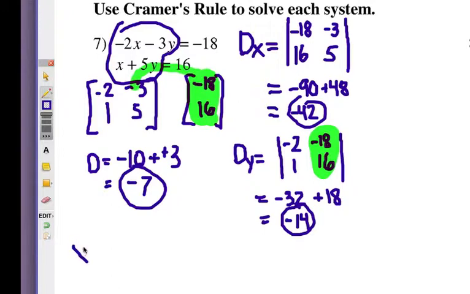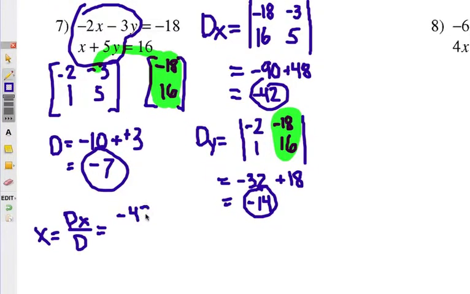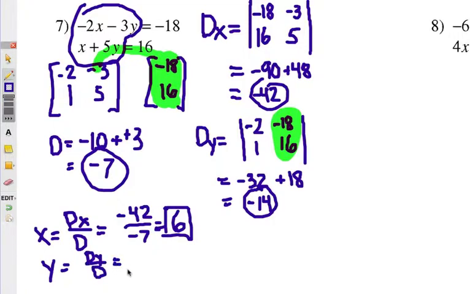All right, to actually get our x value, we're going to take the determinant of the x value and divide it by the coefficient determinant, which is negative 42 divided by negative 7, and that will be positive 6. The y value is going to be the y determinant divided by the coefficient determinant, which is negative 14 divided by negative 7, which of course is positive 2.